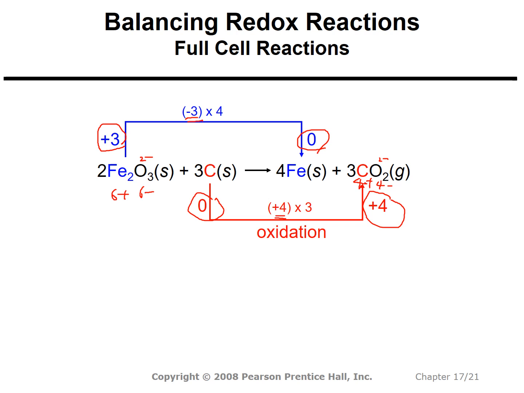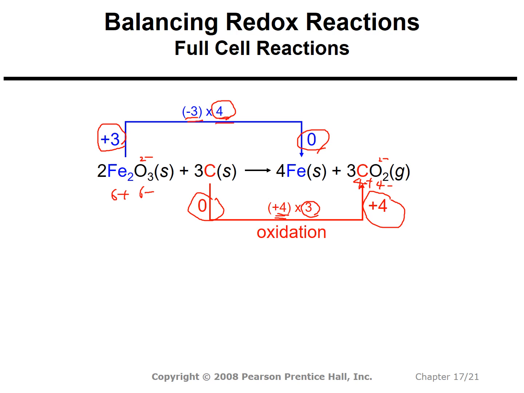And then we should balance between the electron gain and electron loss. It means balance between reduction and oxidation. So I'd like to multiply the number -3 by the factor 4. And also here we have +4, so we should multiply this one by the factor 3.